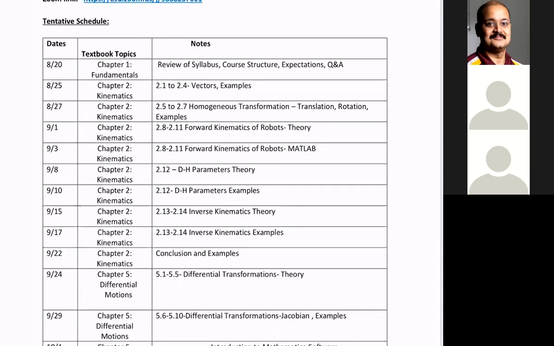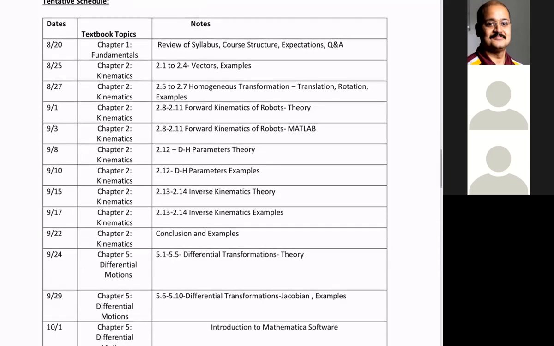Then we will talk about Denavit-Hartenberg parameters, the theory, and then work out the examples. Then we will look at inverse kinematics theory and inverse kinematics examples for different configurations of robots.